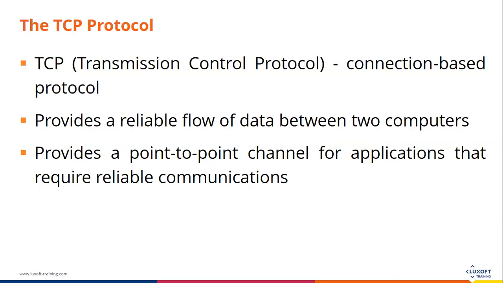You may have the certainty that data is delivered, nothing is lost, and everything arrives in the expected order. So it is like providing a point-to-point channel for applications that require reliable communications.